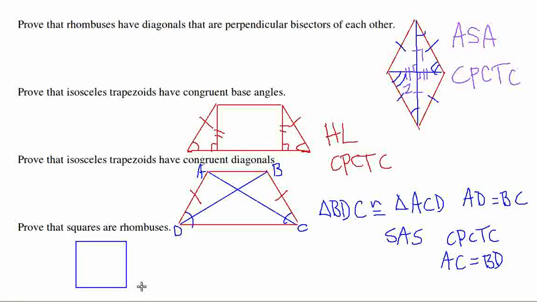Okay? Now let me close by giving you the area formulas for rhombuses, squares, and trapezoids. So remember that we measure areas by counting the number of a standard sized square that we need to cover the area. Okay?